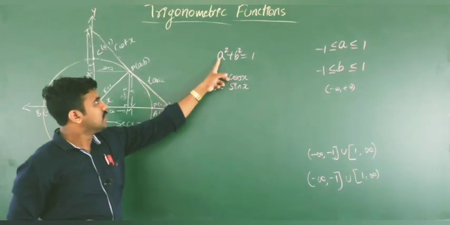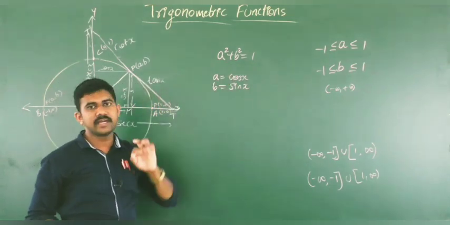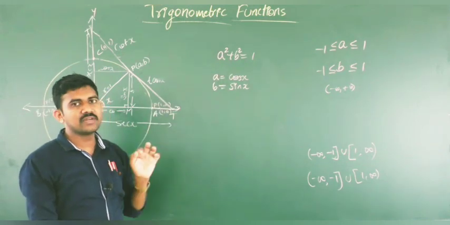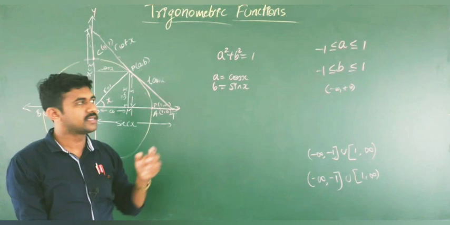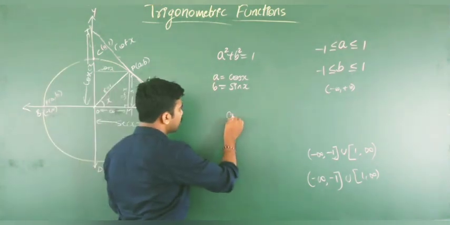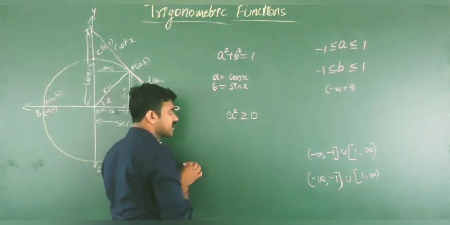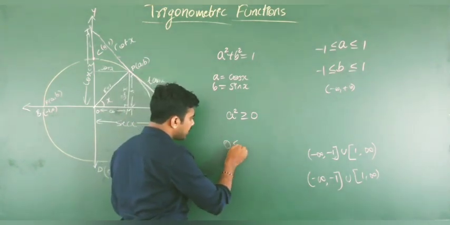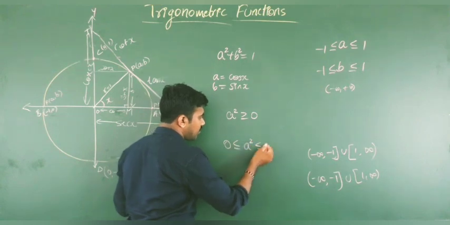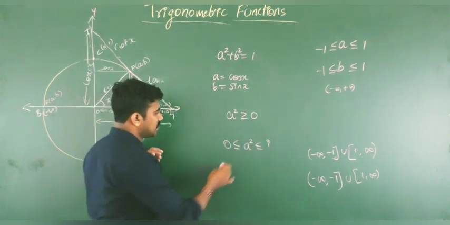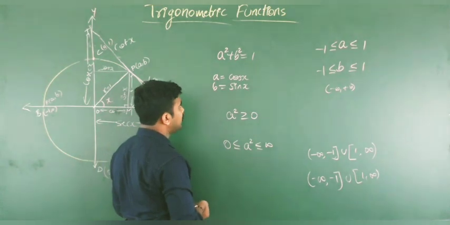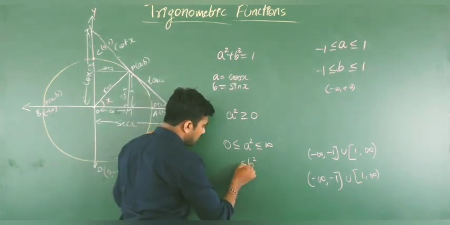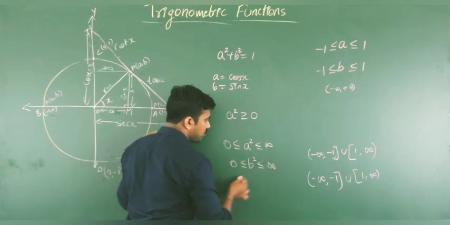See here, a and b are your numbers, and the sum of the squares of the two numbers is equal to 1. The a square value is always non-negative, it is always greater than or equal to 0, and from 0 a square increases till infinity. Similarly b square value is also greater than or equal to 0, less than or equal to infinity.